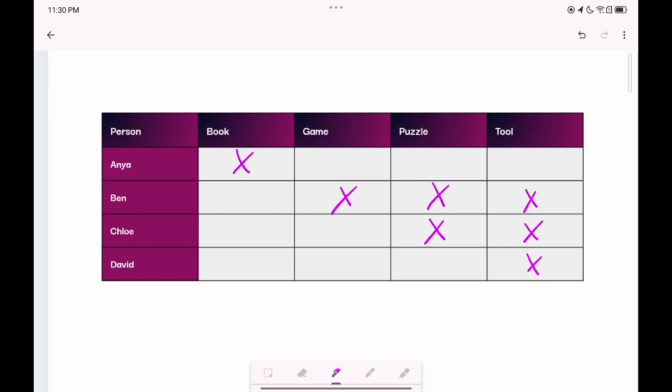Since the tool was delivered last from clue number 4, and Chloe received her package before Ben, clue number 3, and the puzzle came before the game, clue number 2, the only remaining possibility for David is the puzzle. Therefore, David got the puzzle.